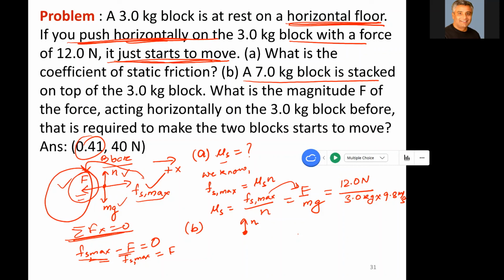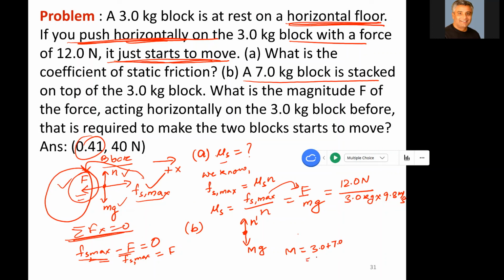If you like, you can change the N to an N prime, or you can just leave it N. And this one is going to be uppercase M times G, where M is now, since one is sitting on top of another one, 3 plus 7.